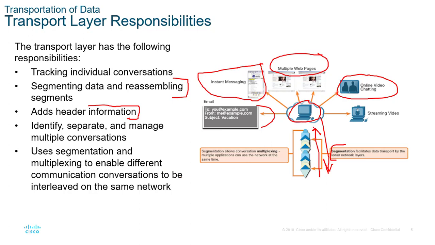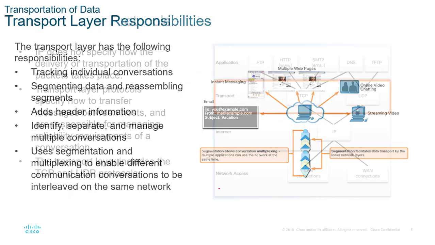These data streams, these conversations, as they get put out onto the wire, hit the network and are interleaved with other people's communications on the network. So there has to be additional information to identify these segments, these chunks of information, and to track the individual conversations.